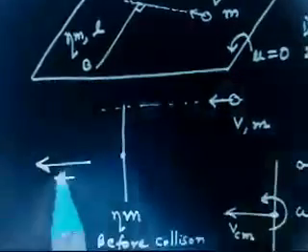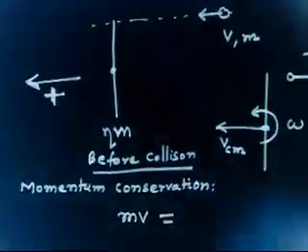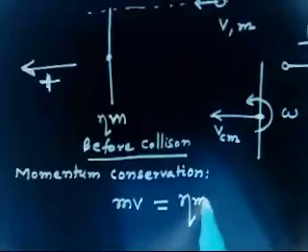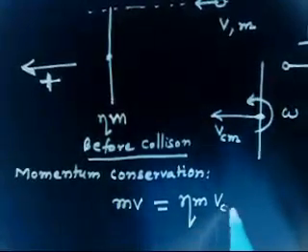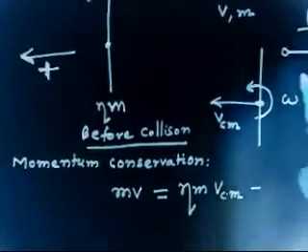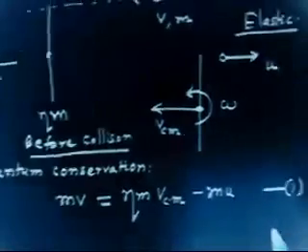So m into v is the initial momentum in this direction. And what is the final momentum in this direction? The mass of the rod is eta times m, and the velocity of the rod is VCM. This is the momentum of the rod, minus, because the disk is moving in this direction, m into u. So this is one equation.